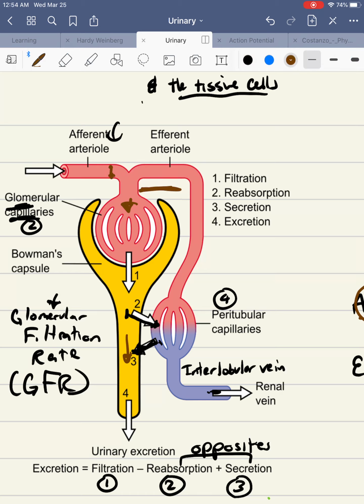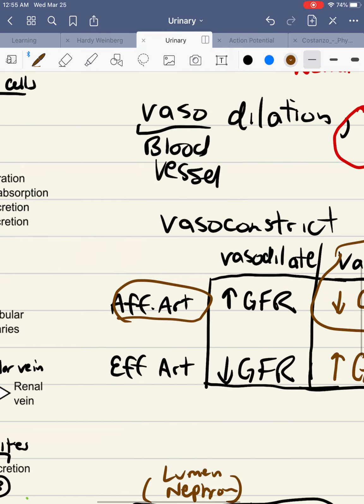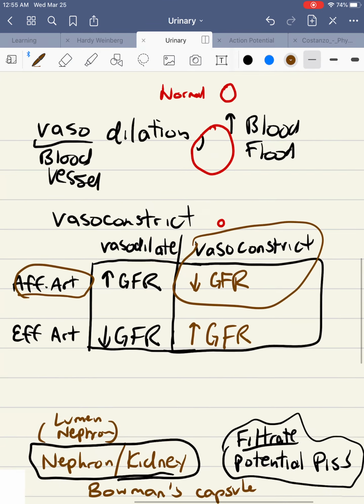This actually gets constricted, and less fluid goes right into the kidneys. In other words, GFR actually decreases.